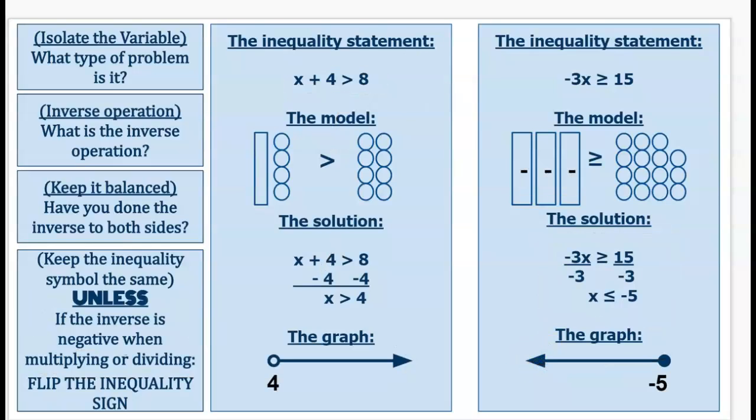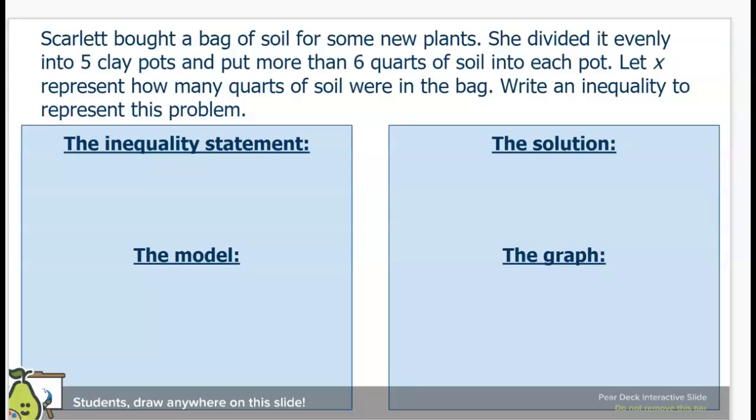Let's do some more practice. Okay, we're gonna do a lot of work. We're gonna do 3 word problems right now. Okay, so it says Scarlett bought a bag of soil for some new plants. She divided it evenly into 5 clay pots. Okay, first of all, hold on. We don't know what the bag was. So x.